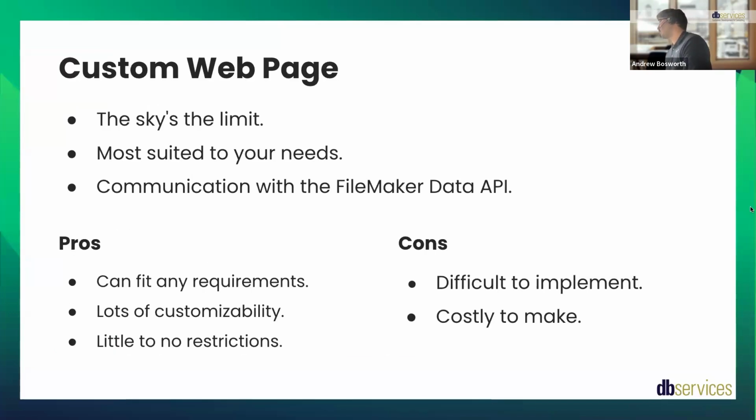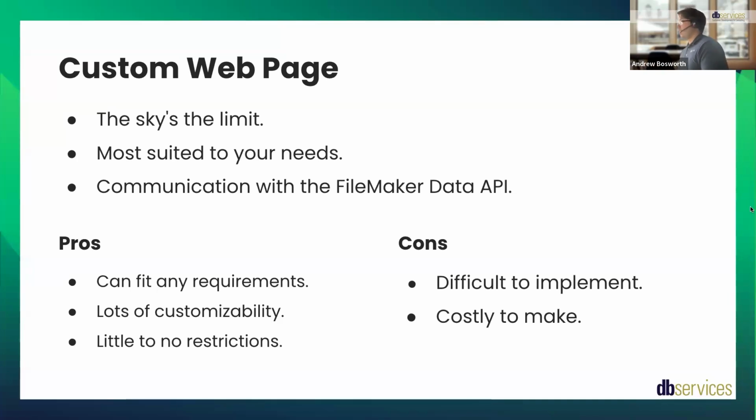So the last one we have, custom web page. This is basically building a custom site or a page on a site that is a form. With regards to what it can do, the sky is kind of the limit. Basically whatever HTML, CSS, and JavaScript can do, that's what your web form can do. So it's most suited to your needs.